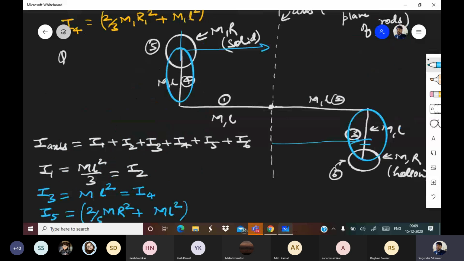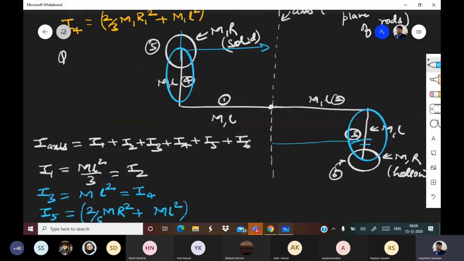The ml square by 12 is used to calculate the moment of inertia of a rod about an axis passing through its midpoint and perpendicular to it.